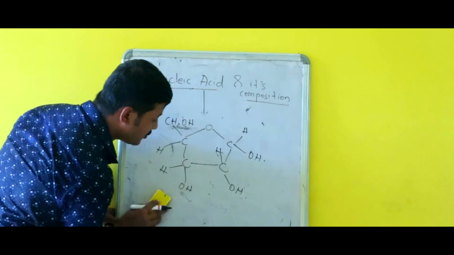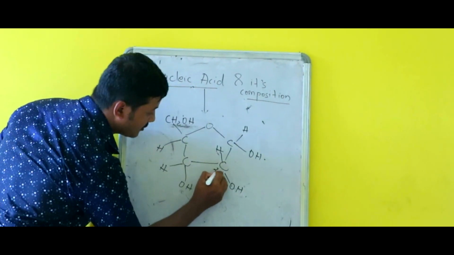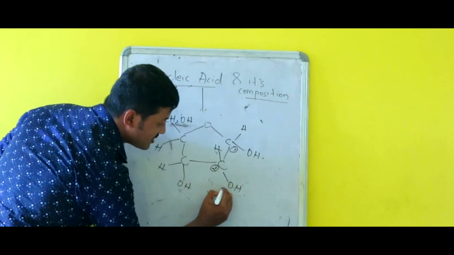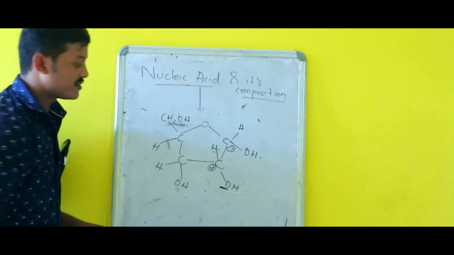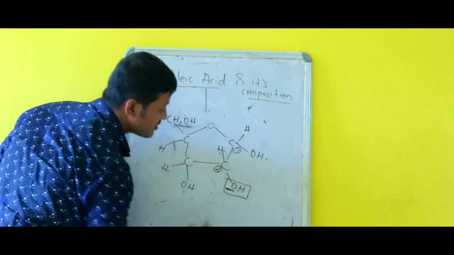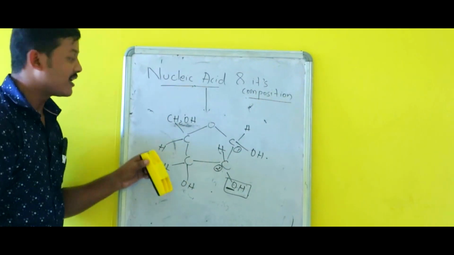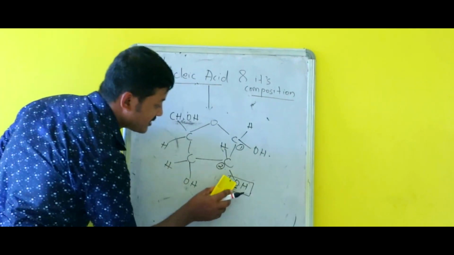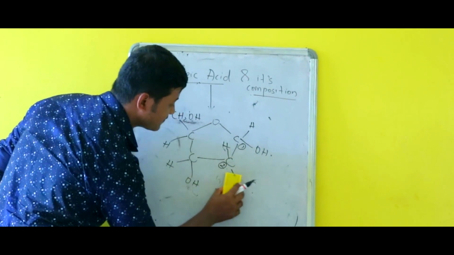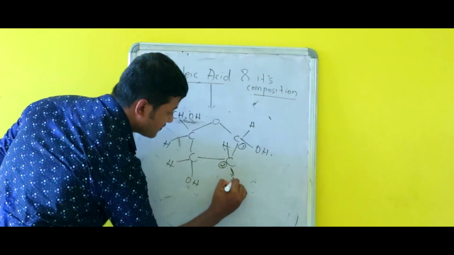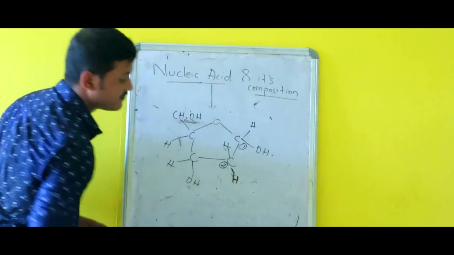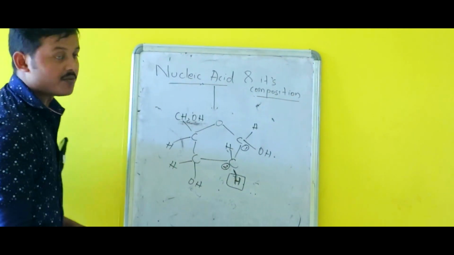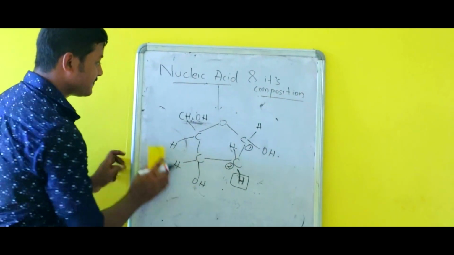Remember, at the C2 position, this is the second carbon, this is the first carbon. At the C2 position, an oxygen or hydroxyl group is present. This is the main identifying difference between ribose sugar and deoxyribose sugar. But in deoxyribose sugar, oxygen is absent at the C2 position. This is the basic difference. Remember.